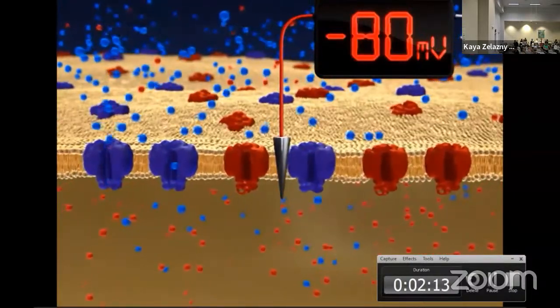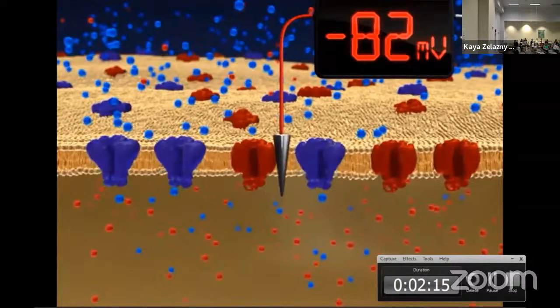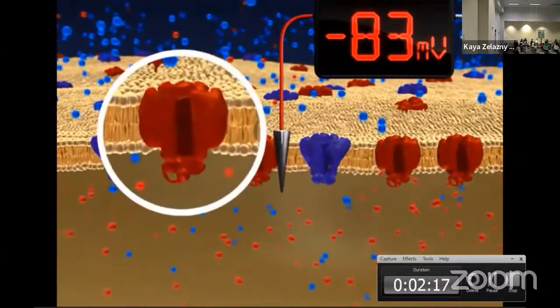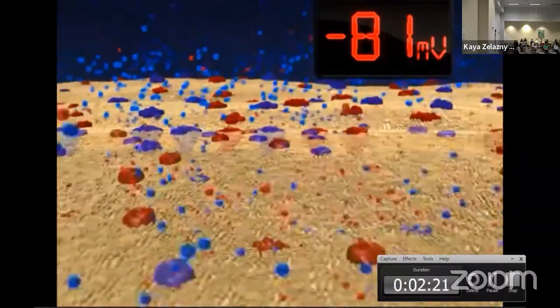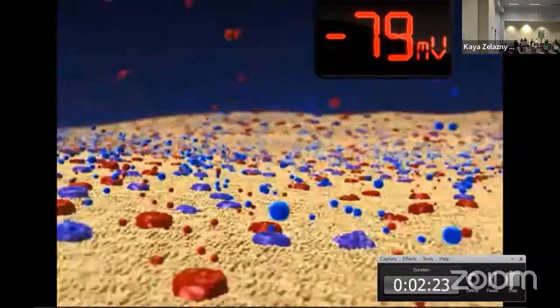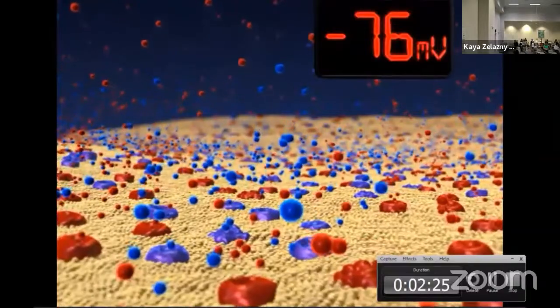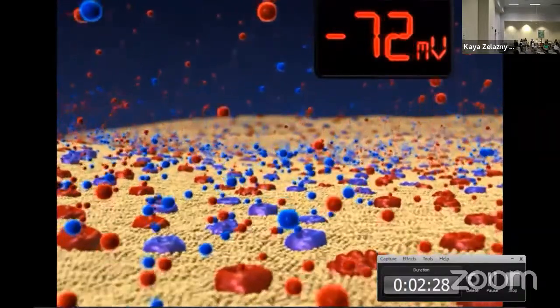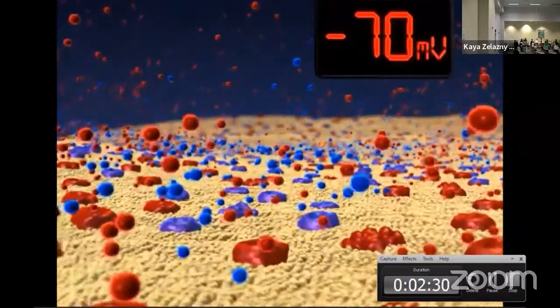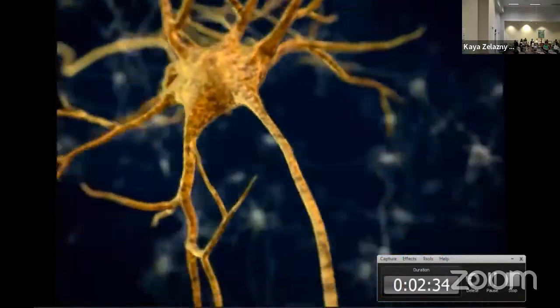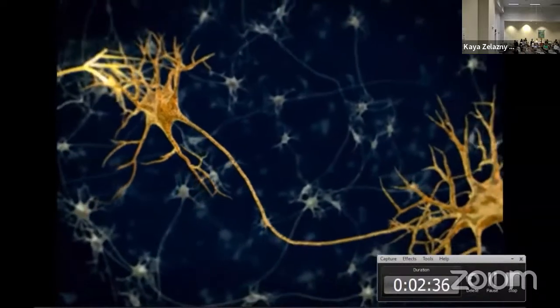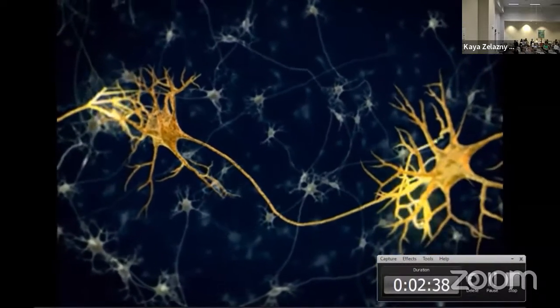During this phase, voltage-gated potassium channels close and all voltage-gated sodium channels are released from inactivation. By the end of this phase, ions move through weak channels only, and the membrane potential returns to the resting state of minus 70 millivolts. The neuron is now ready to fire another action potential.